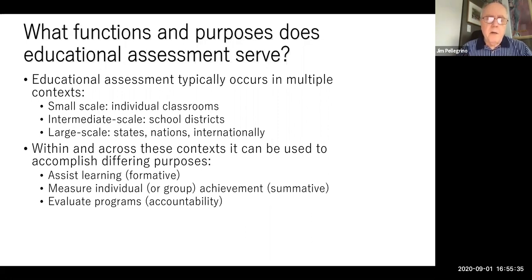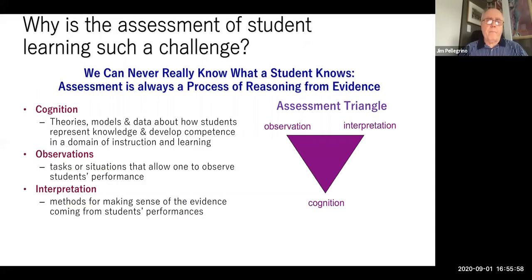And a third is to evaluate programs, often used for purposes of monitoring at a large scale level and for accountability in systems to see whether or not our investments in educational systems are paying off in terms of essentially changes in the nature and the accomplishments of students and teachers in schools.